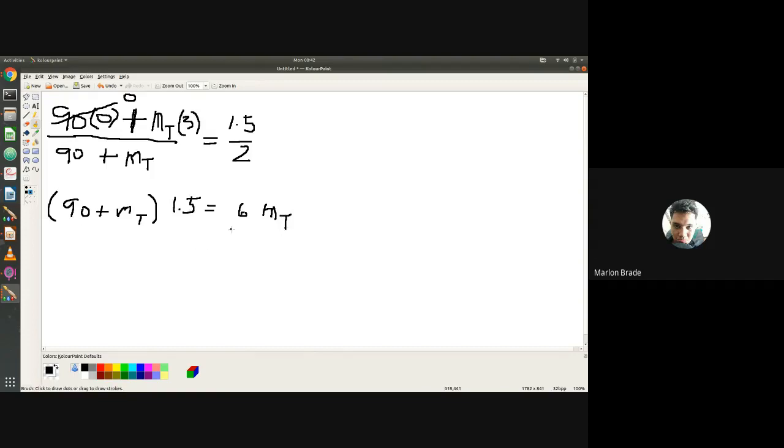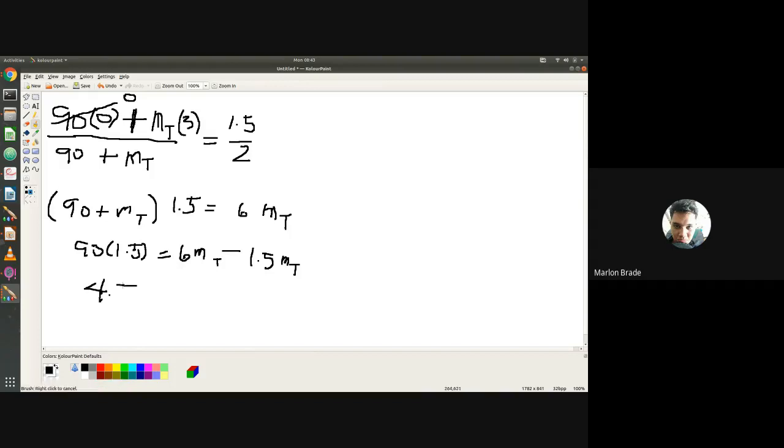Okay, so ang M_T is naa tay 1.5 M_T. So naa tay 90 times 1.5 is equal siya sa 6 M_T, imo ning i-subtract, minus 1.5 M_T.